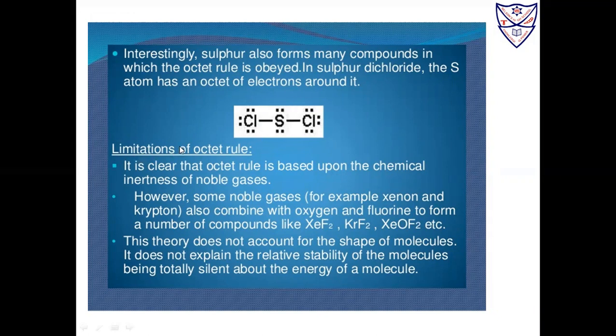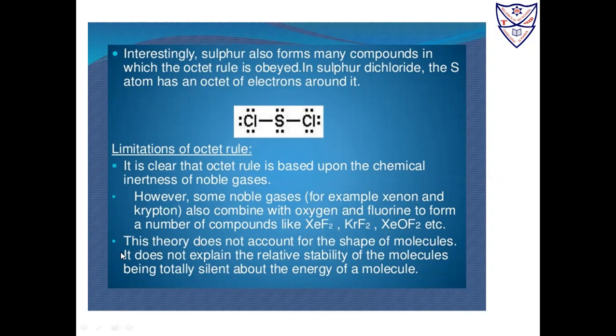So there are some limitations of the octet rule. It is clear that the octet rule is based upon the chemical inertness of noble gases. However, some noble gases, for example xenon and krypton, also combine with oxygen and fluorine to form a number of compounds like XeF2, KrF2, XeOF2. These are noble gases which combine with oxygen and fluorine.